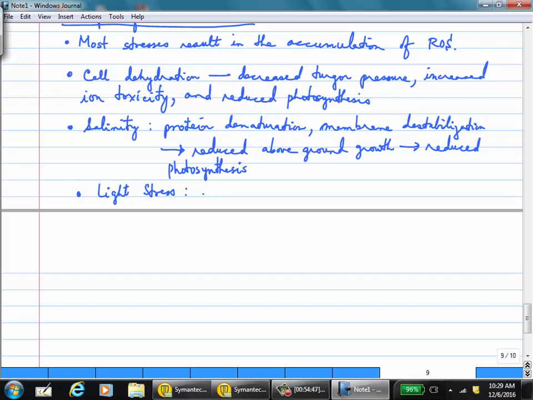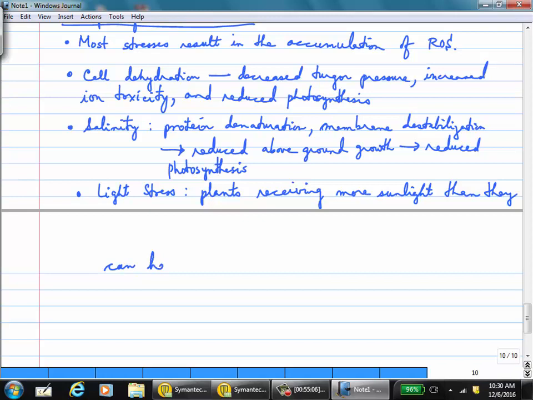So here you have plants receiving more sunlight than they can handle, and this will lead to ROS production.